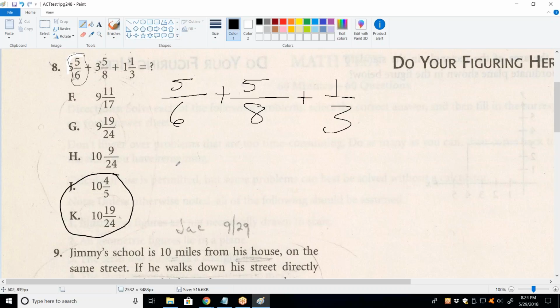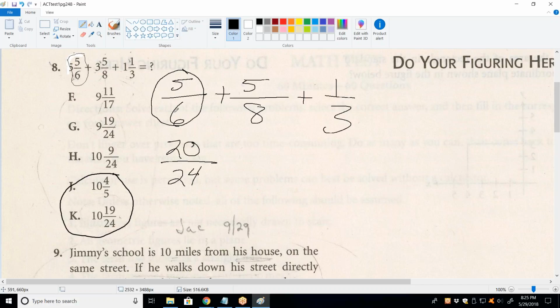24. Okay. That's the first fraction in 24ths. This fraction here, how many 24ths is it? It's 20. Because then you do 4 times 5.